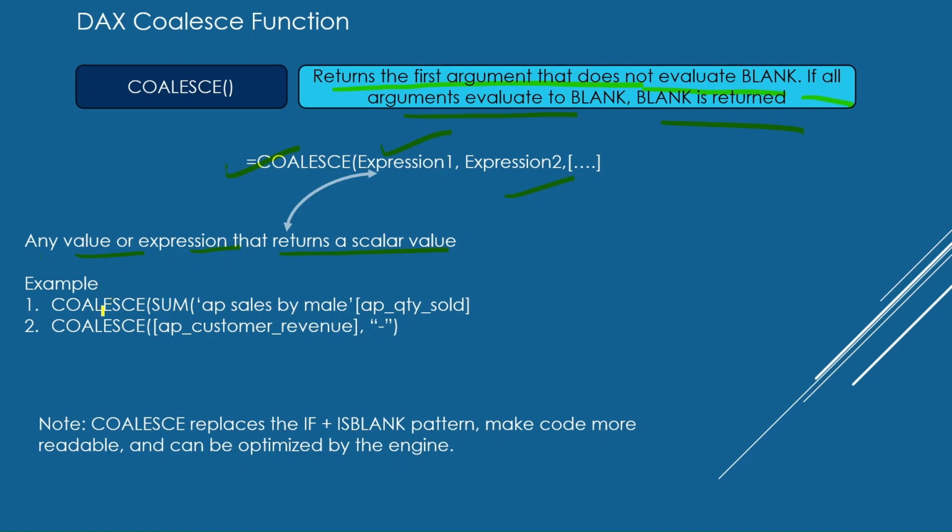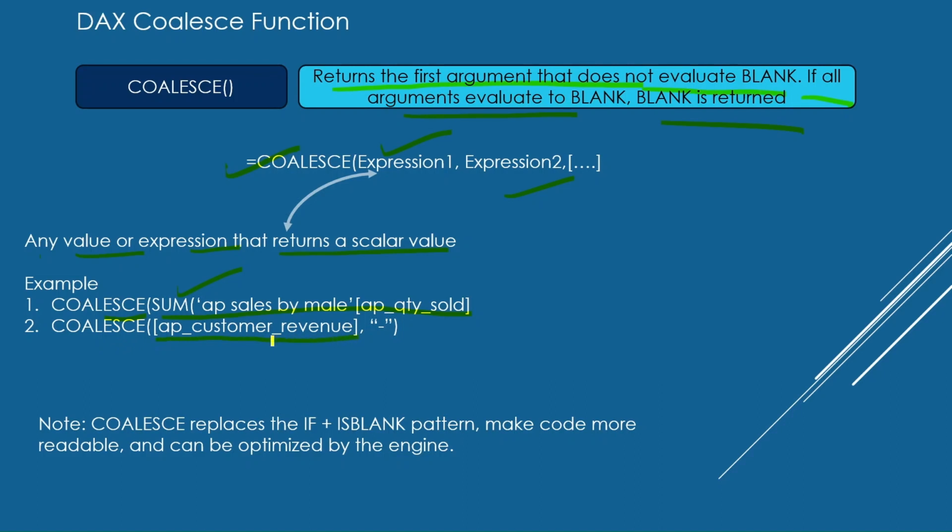This is an example of the scalar Coalesce function. Here, this is the expression which I was just talking about. This expression is nothing but a scalar function, and this is a measure.